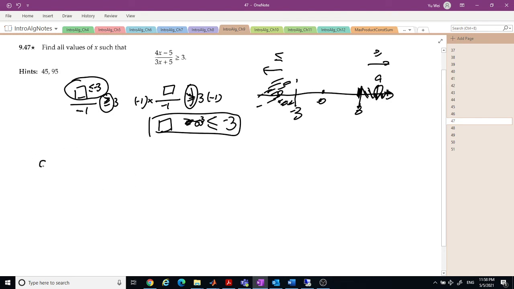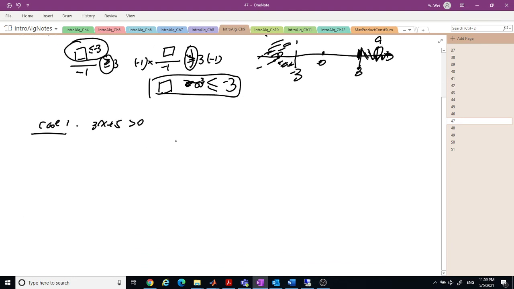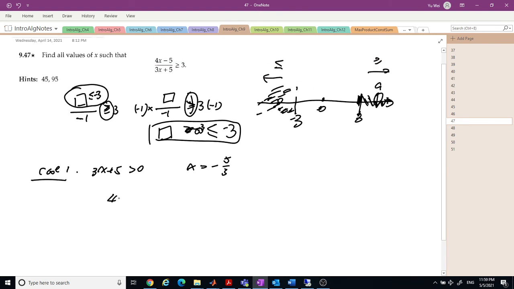So now we need to do the casework. Case 1 is 3x plus 5 is greater than 0. In this case, we need x greater than -3/5. Then we can do 4x minus 5 greater than or equal to 3x plus 5.